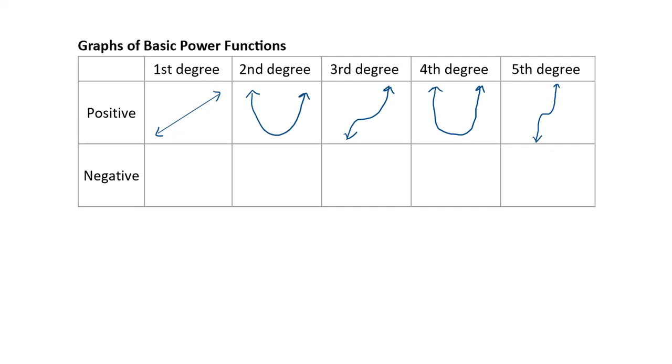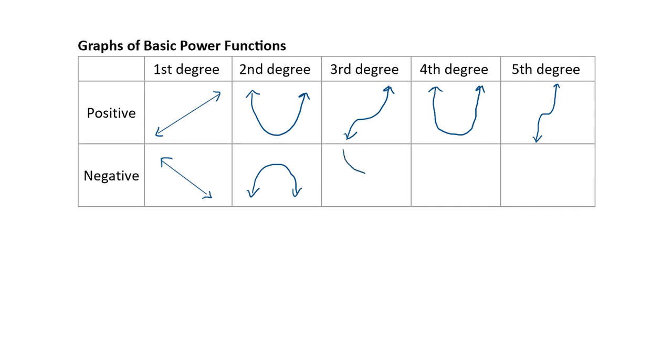Now if we change this, we'll have something that's going down like this to be a negative function, but it looks the same as that first degree function. A negative second degree looks the same as the positive second degree, but it's flipped over upside down.